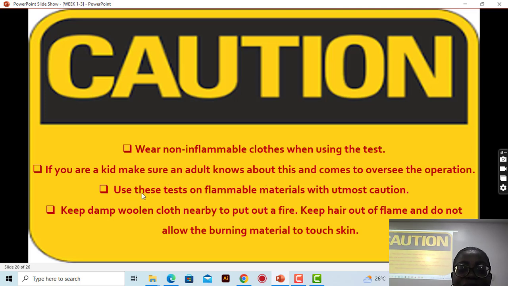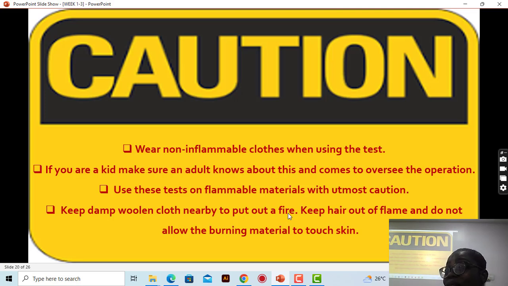So you use these tests on flammable materials with utmost caution. Okay, that one we all know, that we have to be cautious with fire. You also have to keep a damp woolen cloth nearby to put out fire. For example, we get something like a towel and dip it into water so it has absorbed a lot of water already.